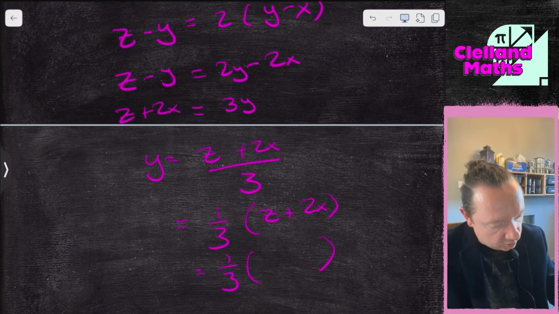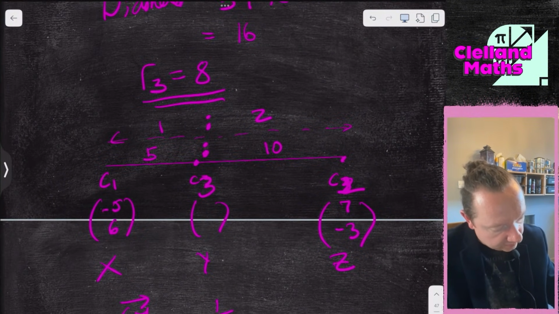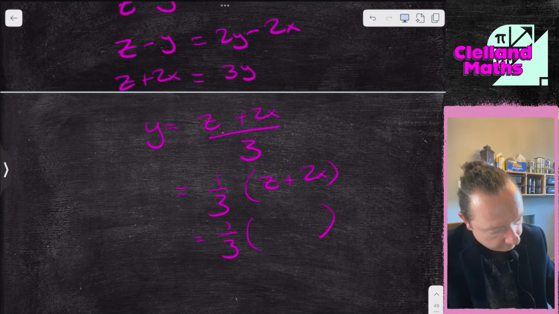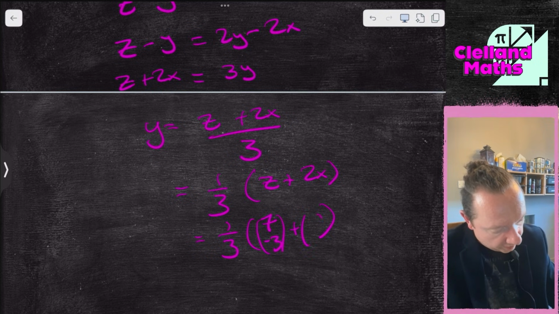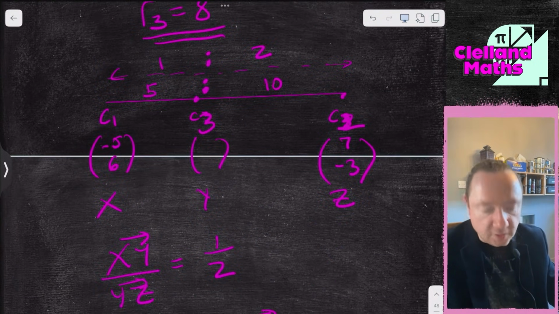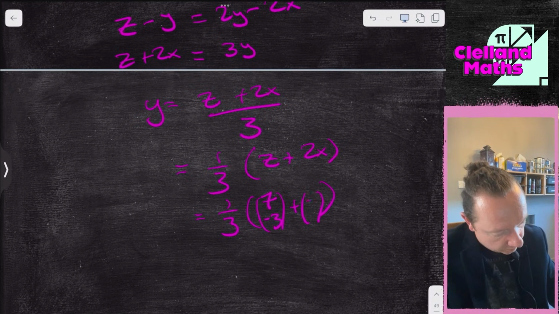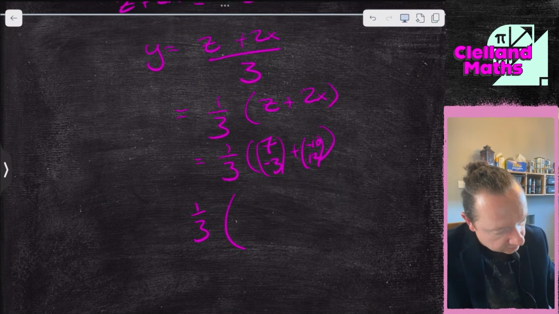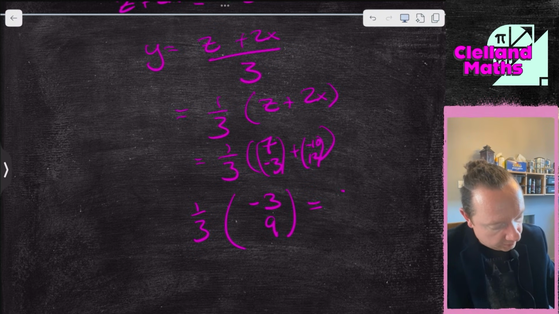Well, we've got z and x. z is (7, -3), plus 2 of x. x is (-5, 6), so that's (-10, 12). That's a third of it. 7 minus 10 is -3. -3 plus 12 is 9. A third of that is (-1, 3).